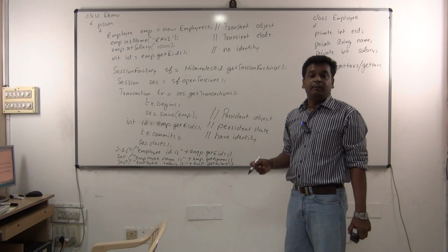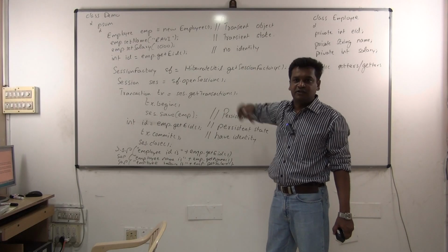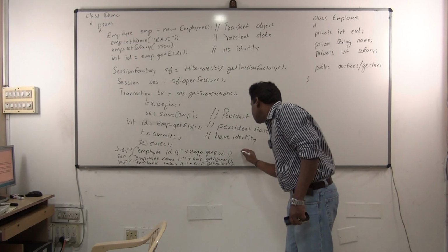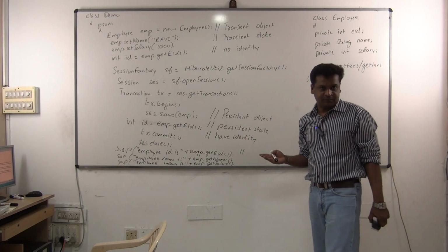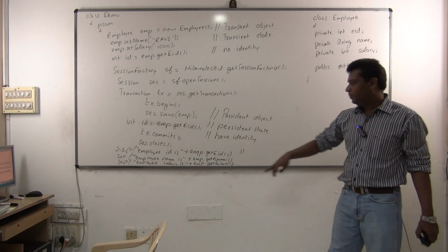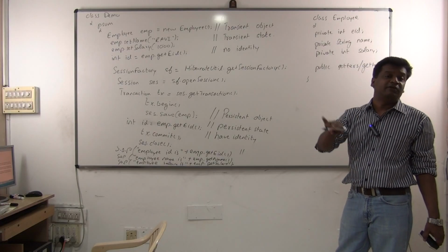Why? Because the object is still in scope. EMP is still in scope, and it is not dereferenced. After closing the Hibernate session, you have removed this object from the Hibernate session. It is not participating in the Hibernate session, yet you are working with that object.